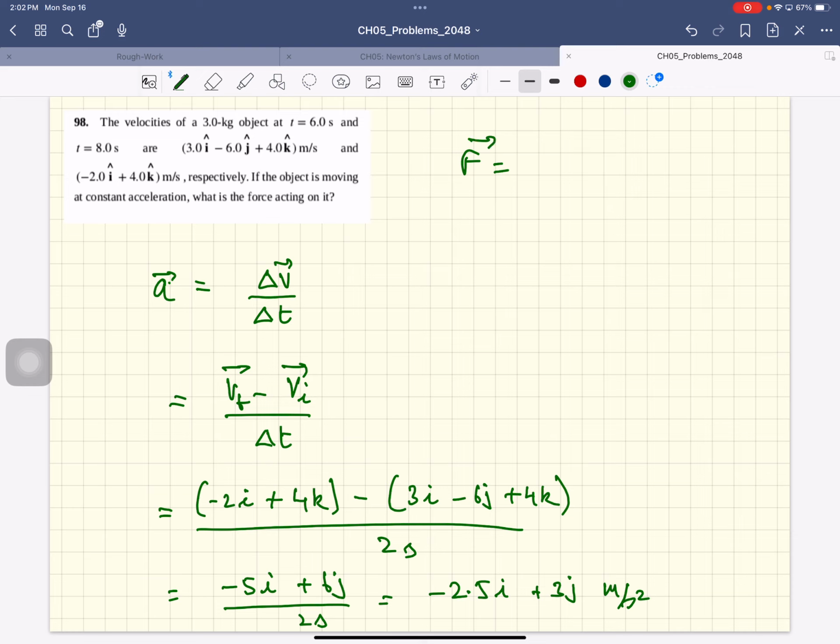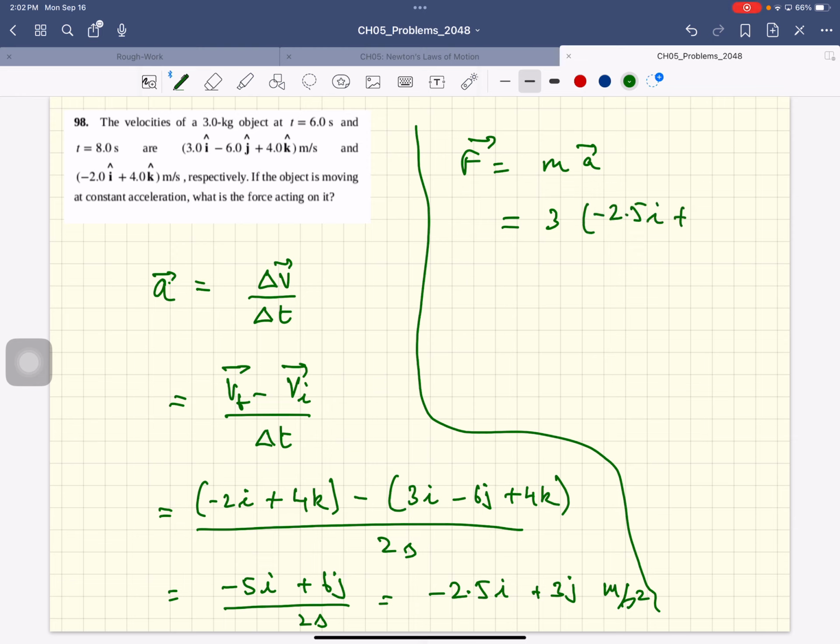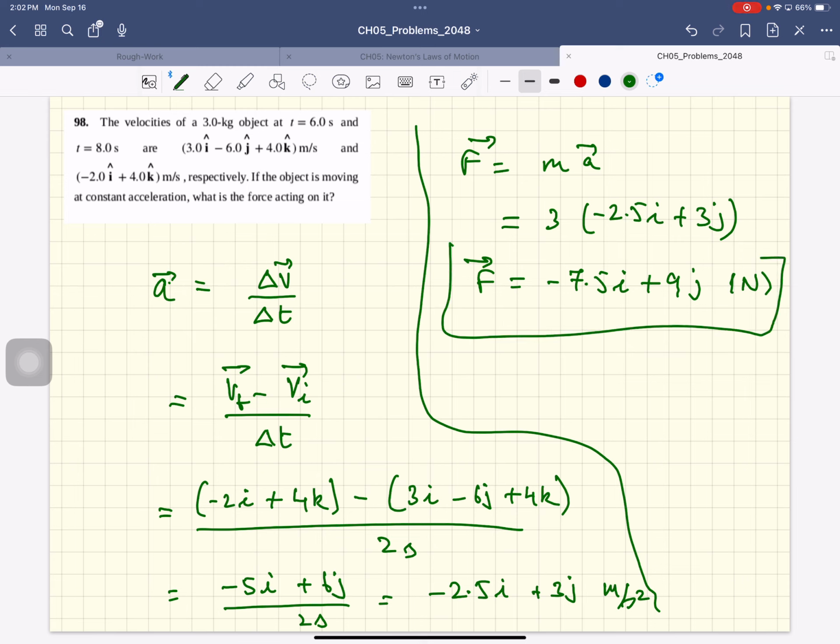So the force is mass times acceleration. So that's the force acting on the object.